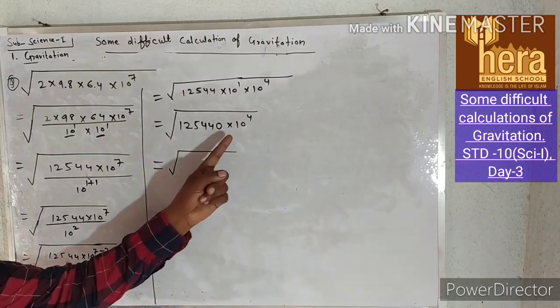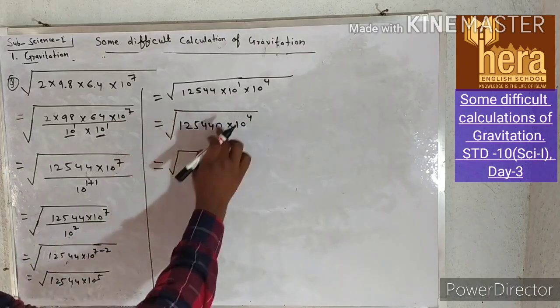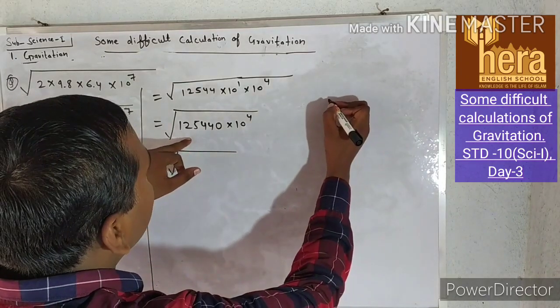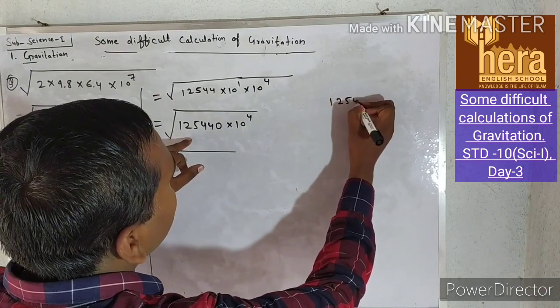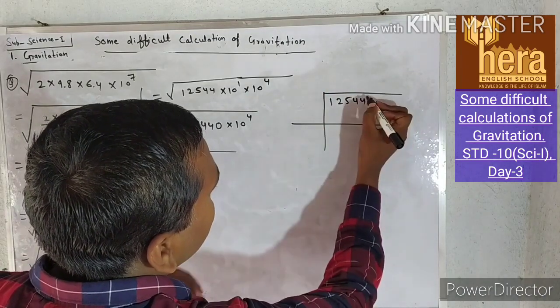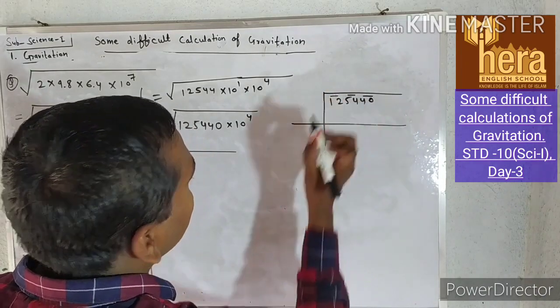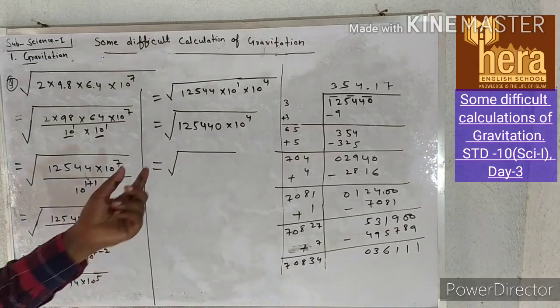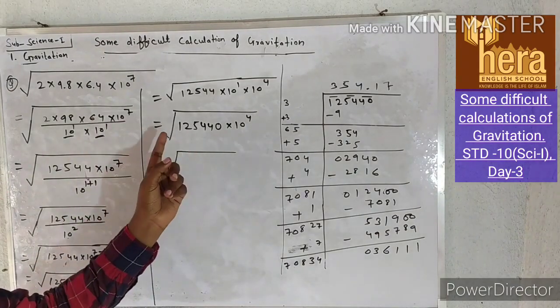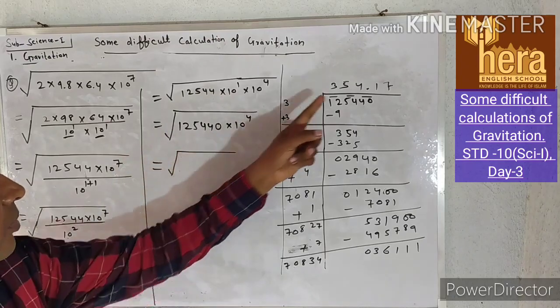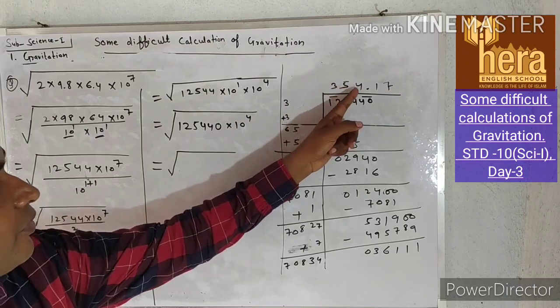Now see, you have to take the under root of this. So I will take here 125440. You have to find the under root of this. If you find the under root of 125440, you will get 354.17.